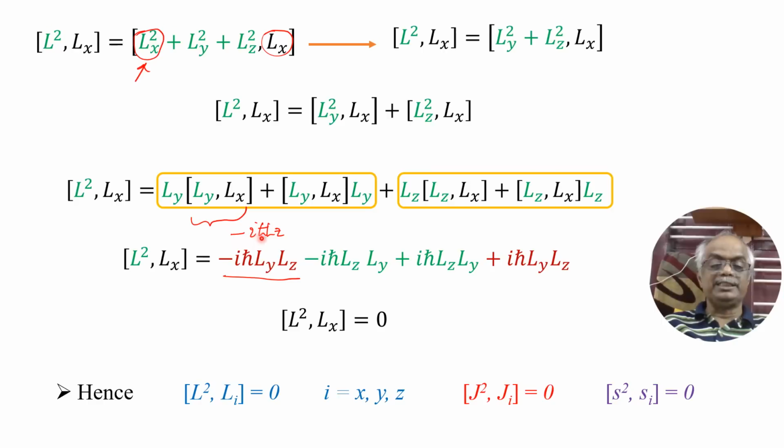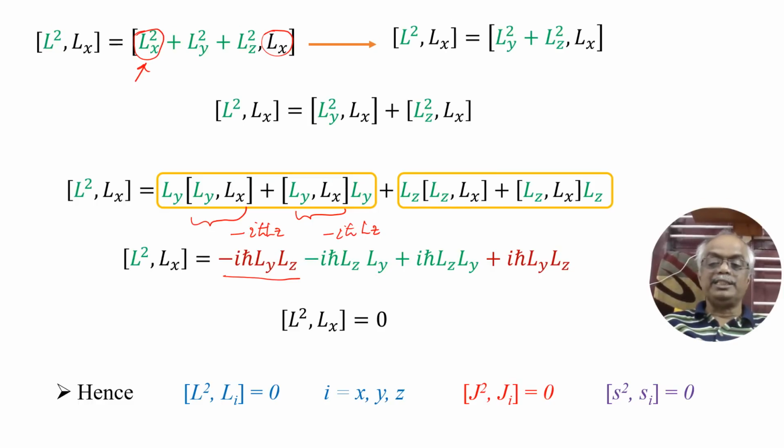So minus iħ Ly Lz. Then what about this one? The commutation between Ly and Lx is equal to minus iħ Lz. Already there is Ly, I have written minus iħ Lz, and this Ly you will get.